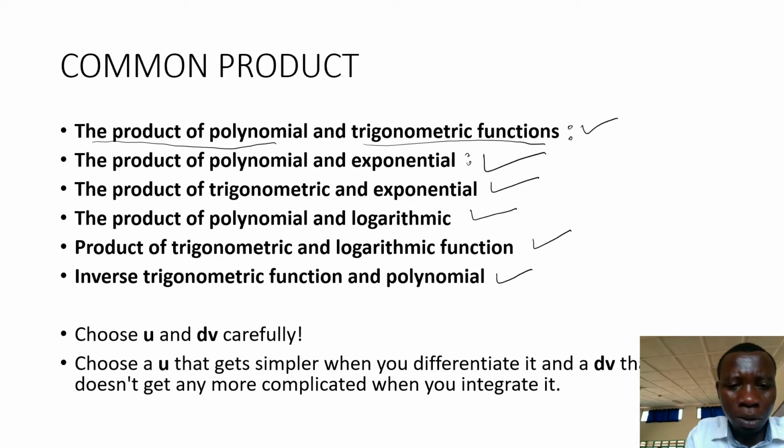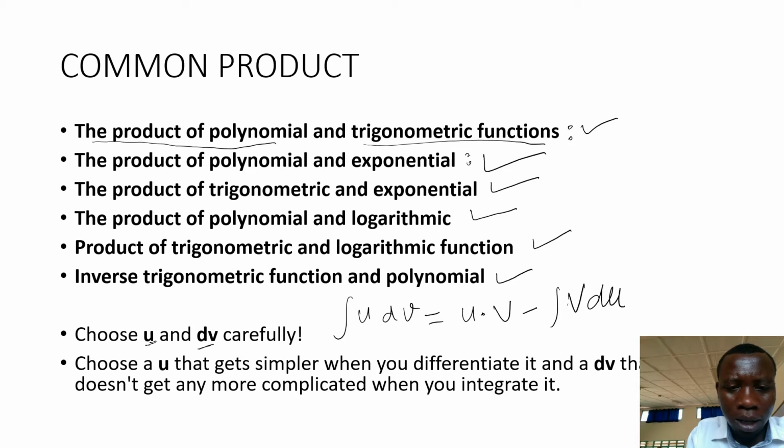So how do we choose u and dv in the formula: the integral of u dv is equal to uv minus the integral of v du? Pay attention when you are choosing u and dv.